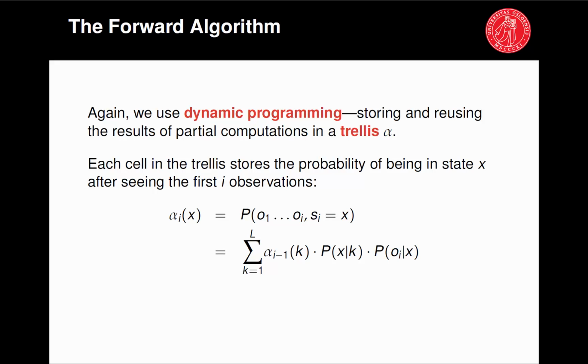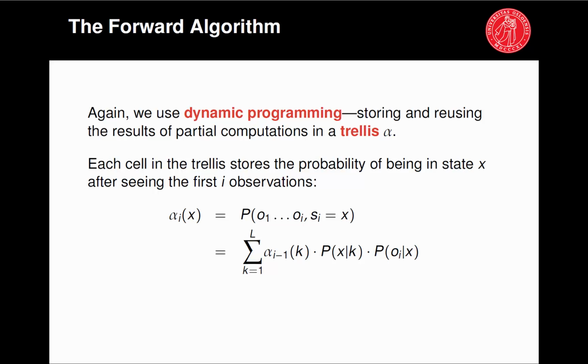We decompose our problem into a recursive formulation and introduce a trellis, a store for intermediate values alpha, time point i, state x, which records the probability of being in that state after seeing the first i observations. Quite parallel to Viterbi. But the difference is that what we record in alpha is the probability of being there, not the best probability of getting there, but effectively the probability of being in that state given all possible ways of getting there for the prefix of the observation sequence.